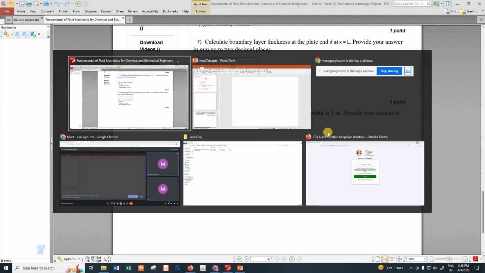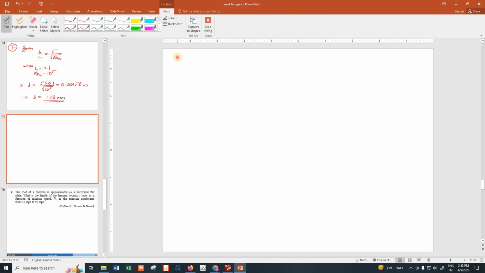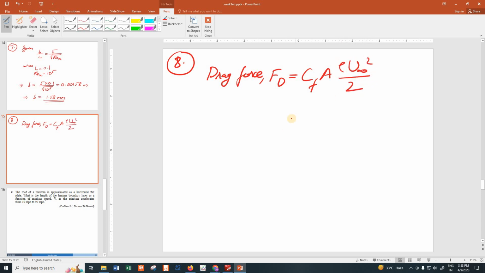Now, the drag force is given as the drag coefficient multiplied by the projected area into rho u infinity square by 2.